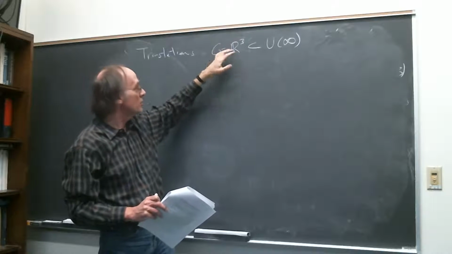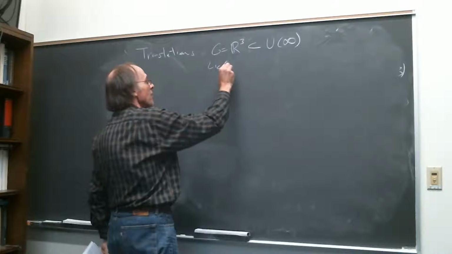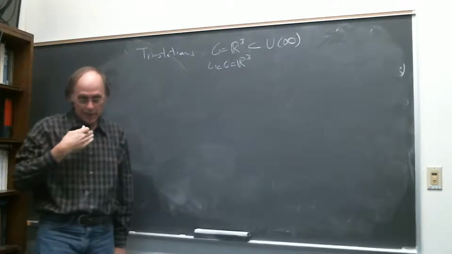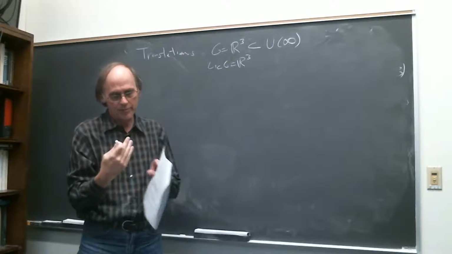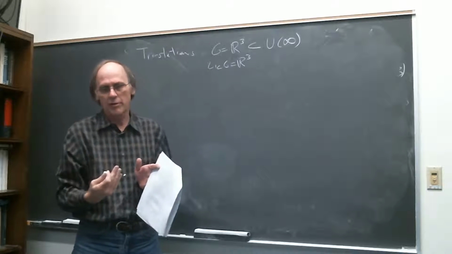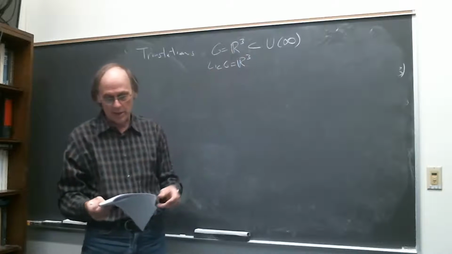What's going to give you that? So you should get for each element of R3. You also have Lie G is also R3. For each element of Lie G of R3, you're going to get this operator, which is the infinitesimal generator of these unitary transformations that you get corresponding to these translations.